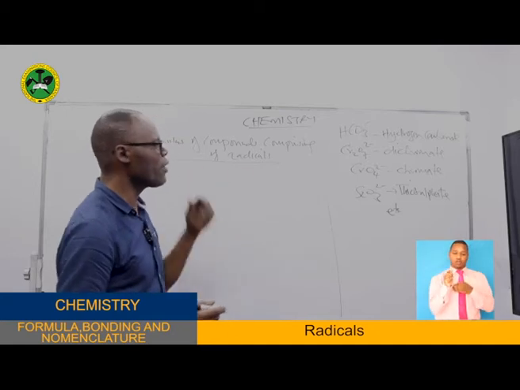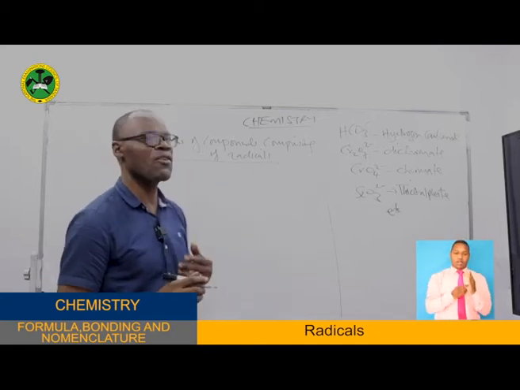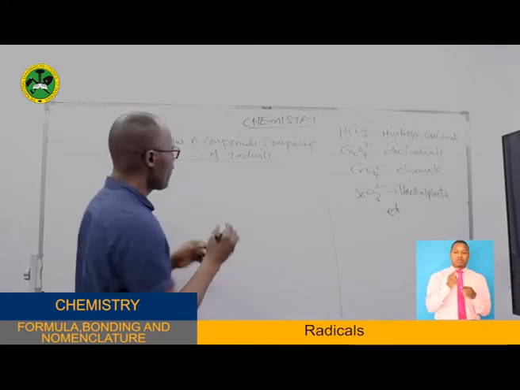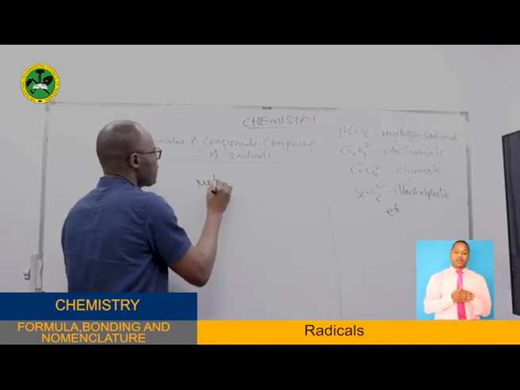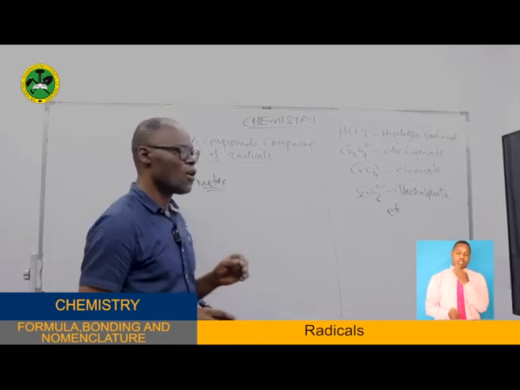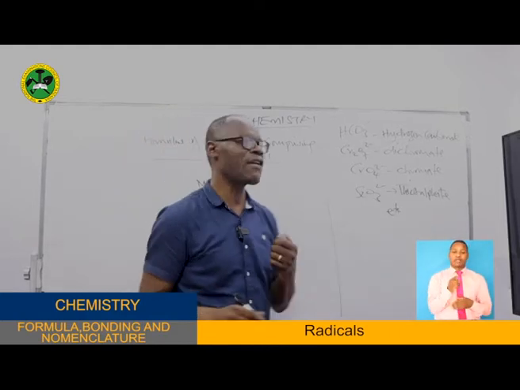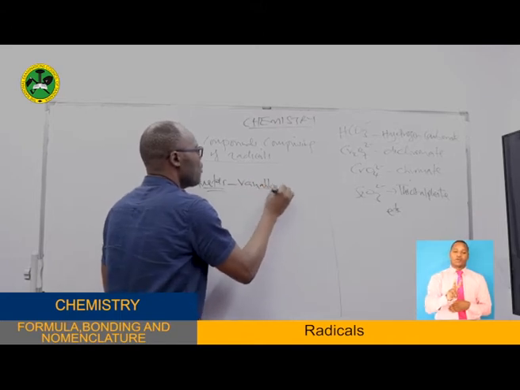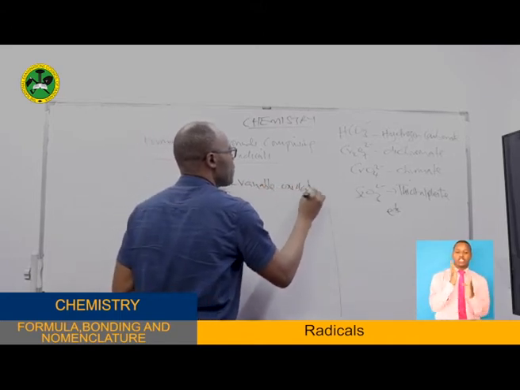Now, before we go to the direct formulas, I would like to mention something about the metals, just as a reminder. In metals, we said there are some metals that have what is called variable oxidation states.